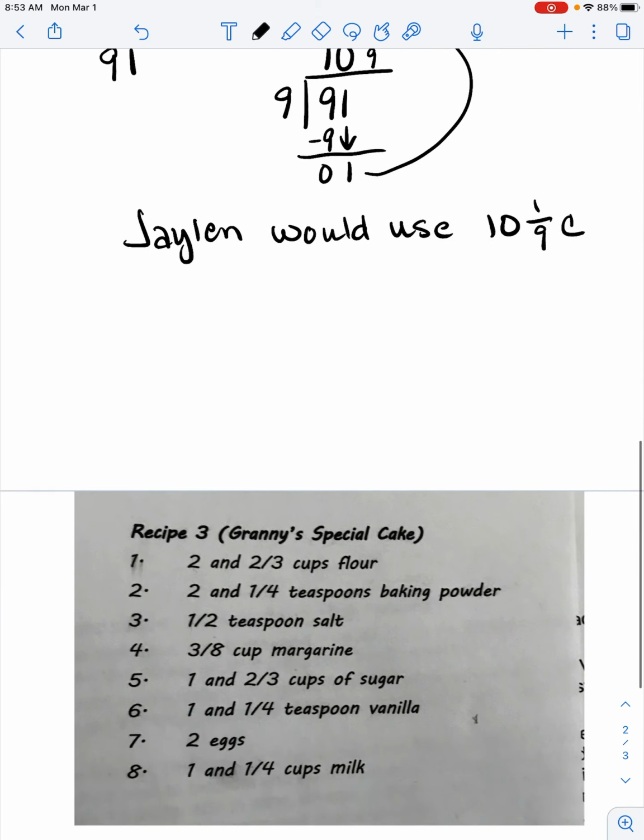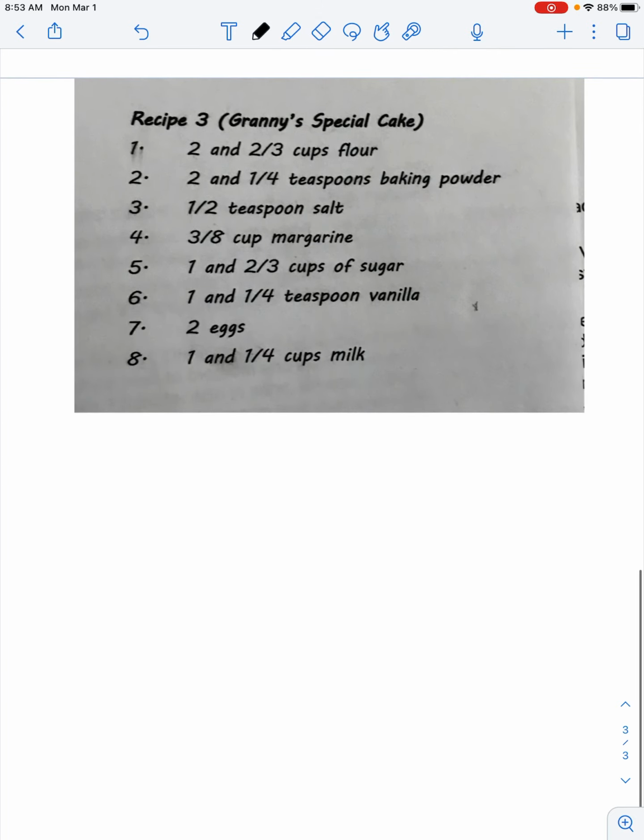Now let's take a look at one more example. Let's look at Granny's special cake. And here we have the recipe. Now, remember, when we do something with a recipe, let's say I want to double the recipe. No, let's triple the recipe just to make things interesting.